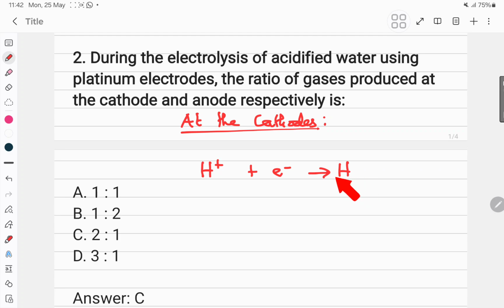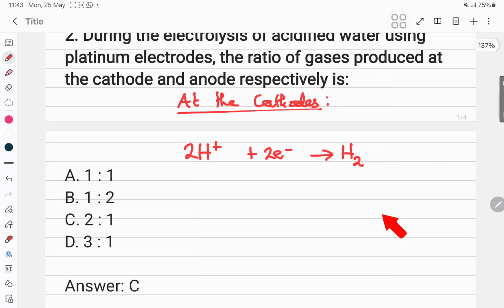As we all know, hydrogen is a diatomic gas. So we are going to have 2 of these combining, and 2 electrons will be gained altogether. Then we have a molecule of hydrogen gas. That is the equation that occurs at the cathode during the electrolysis.